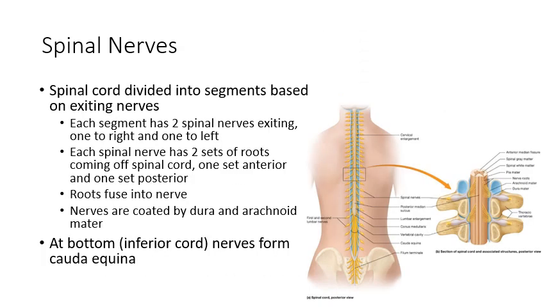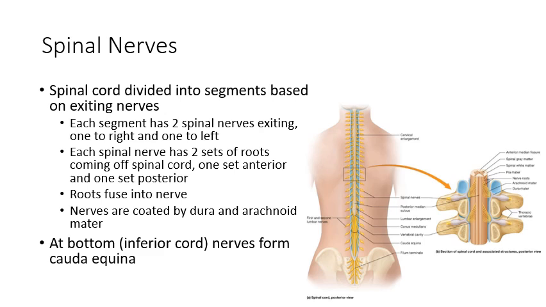Okay, those spinal nerves are used to divide the spinal cord into segments. Each segment of the spinal cord has 2 nerves exiting from it, one on each side. And then each spinal nerve has 2 roots. One root is anterior and one is posterior, where sometimes they're called ventral and dorsal.